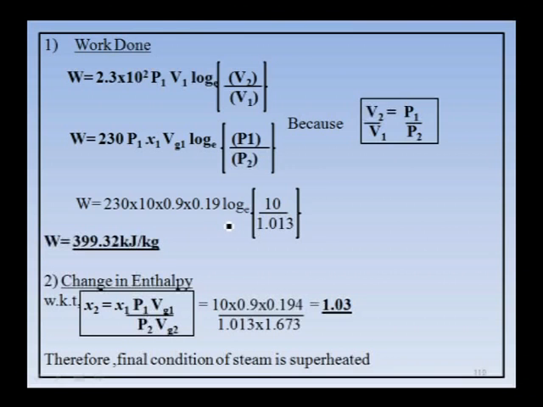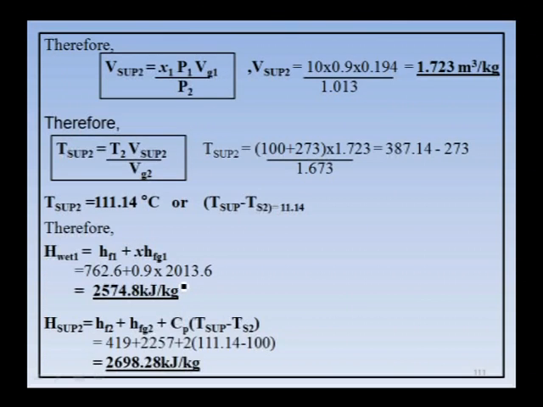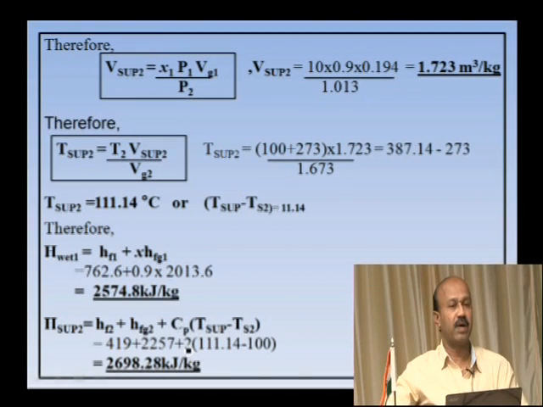Right. Next, the change in enthalpy, delta H. To find delta H, we know the initial condition: wet steam. But the final condition is not known. The pressure is known, atmospheric pressure, but whether it is dry or superheated, we do not know. Therefore, first we should find the final condition of the steam, or quality of steam, by using the dryness fraction formula.